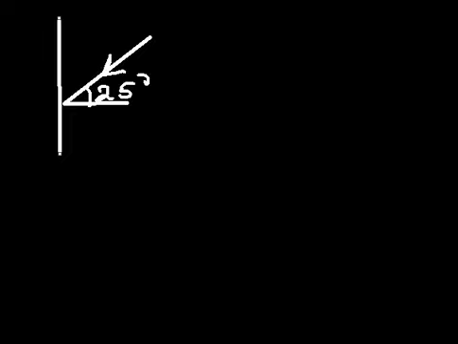And predefining this knowledge will be very important because we also have another method in which we can resolve the vector into components. So this knowledge will also be very important. So as I'll be resolving the vector into components, I'll do this.